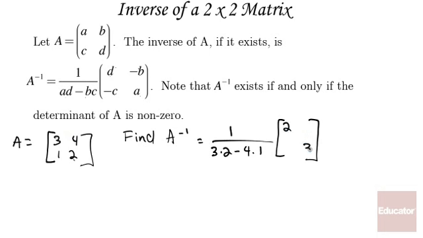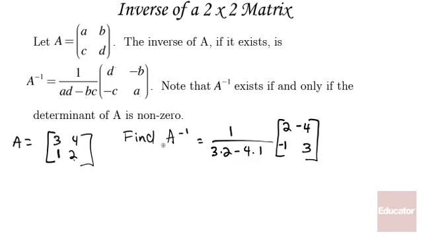I'm going to put 2 here and 3 there. I'm going to take this number and keep the number, but put the opposite sign. If this was a negative 4, I would have made it 4. Same for the C position. I'm going to keep it 1, but I'm going to make it the opposite sign.